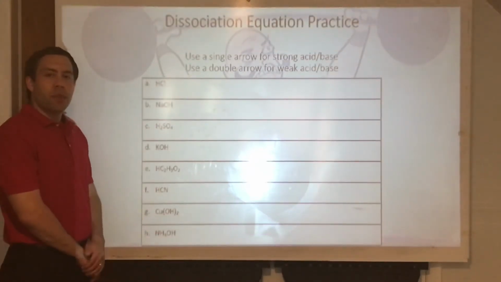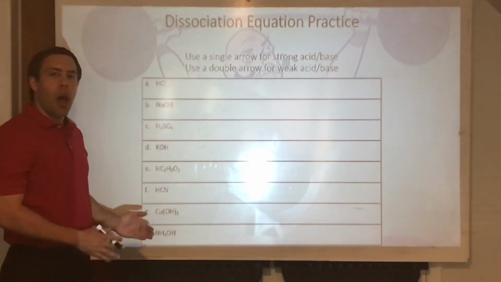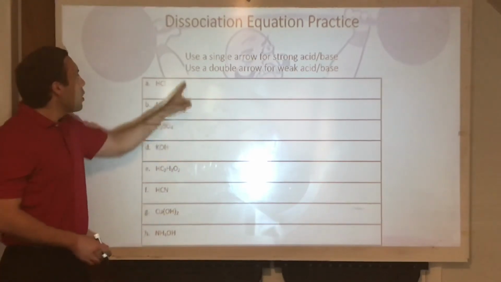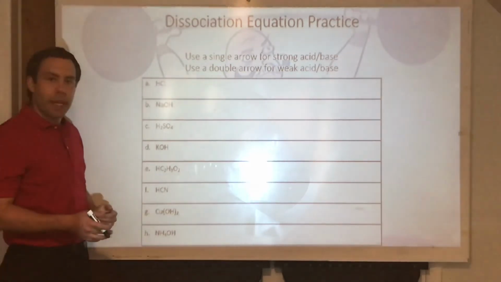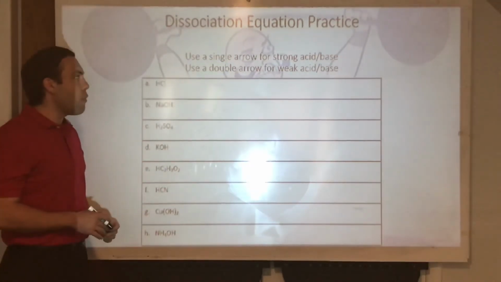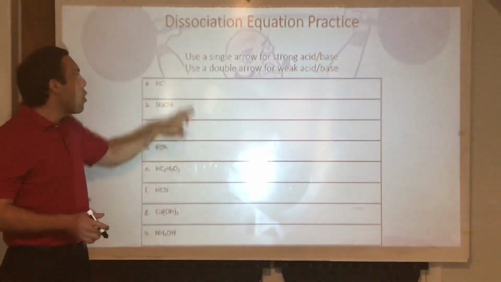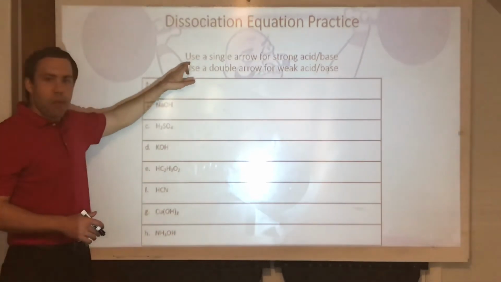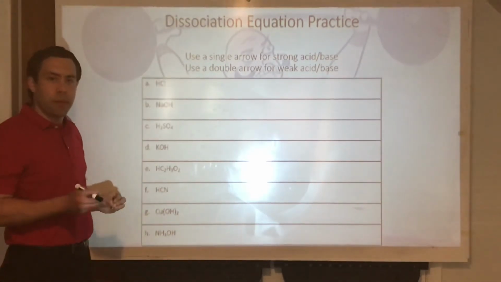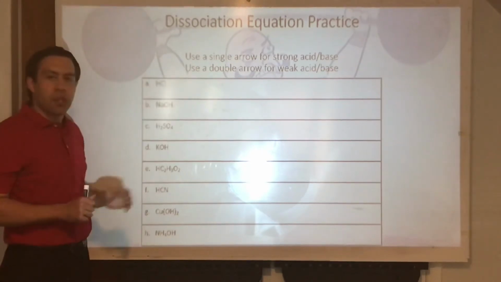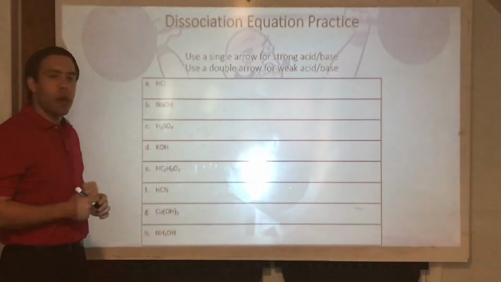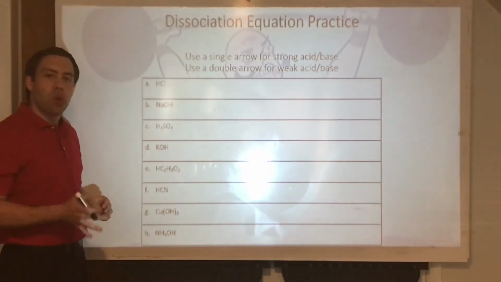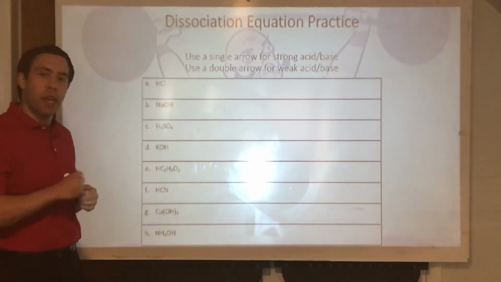Let's practice writing some dissociations of acids and bases. The directions state use a single arrow for a strong acid or base, and use a double arrow for a weak acid or base. Remember, a strong acid or base will dissociate completely, whereas a weak acid or base will not dissociate completely. The first one, HCl, is a strong acid. It will dissociate completely.